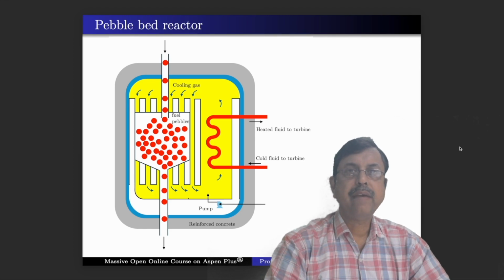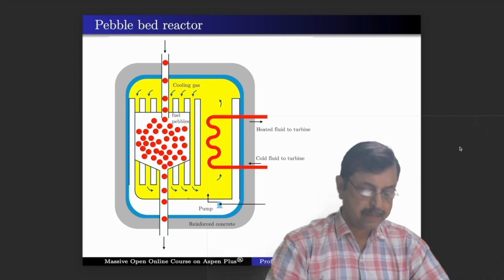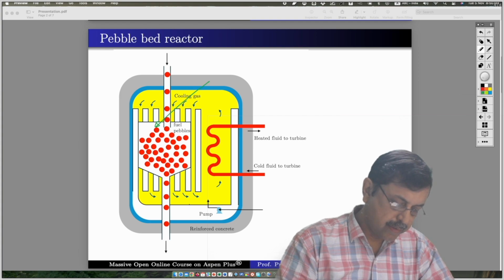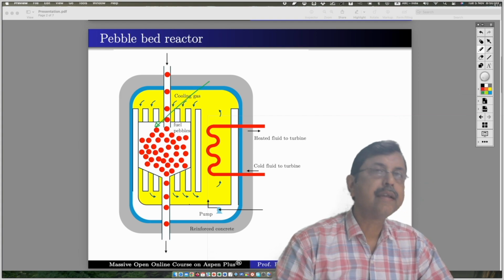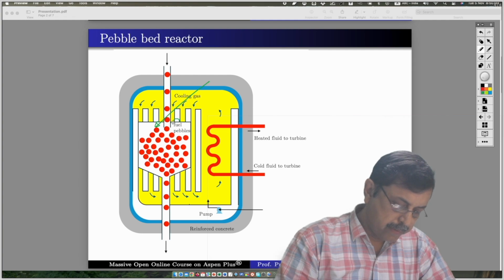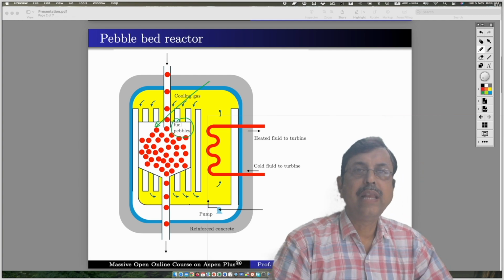You might be aware that pebble bed reactors are a type of high temperature gas cooled nuclear reactor that use small spherical fuel elements, something like this, and these are called pebbles or fuel pebbles.